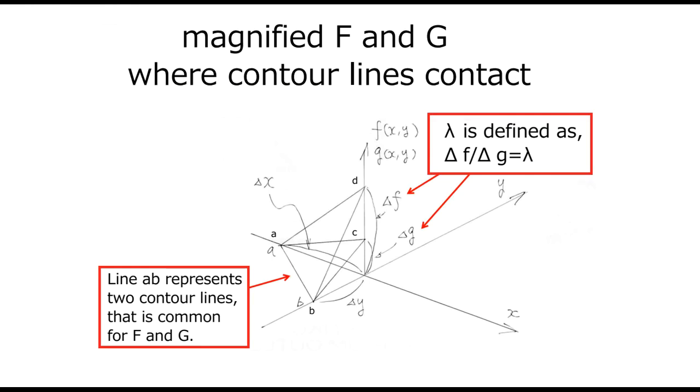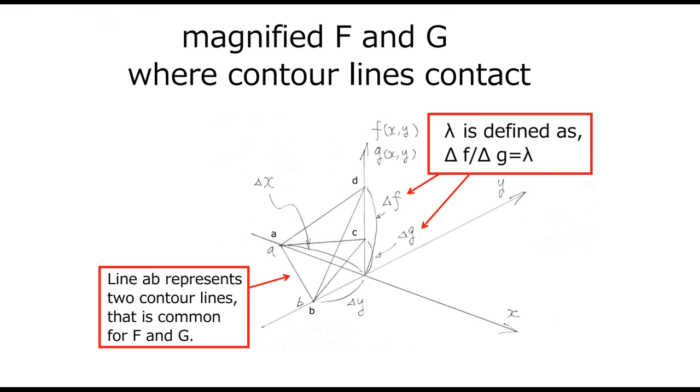And then we can add another slope ABD from the surface f to this figure. In this figure, line AB again represents the contour line of this area.